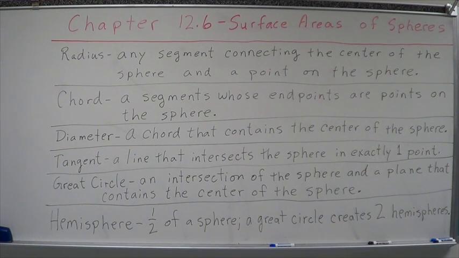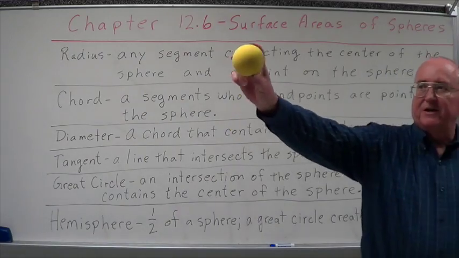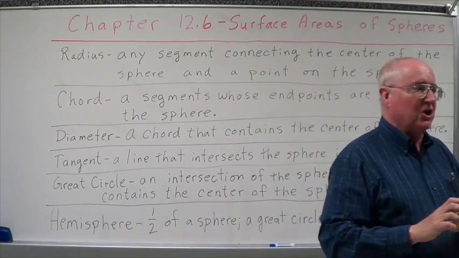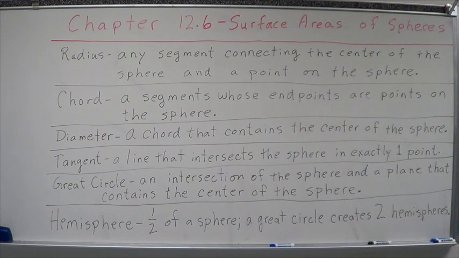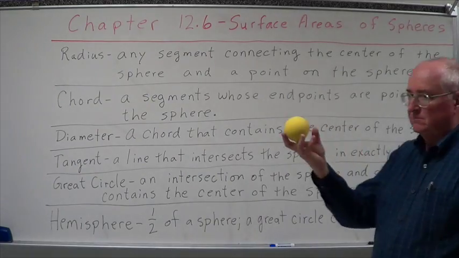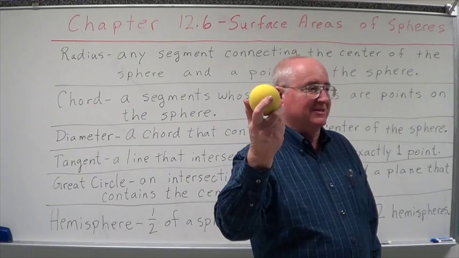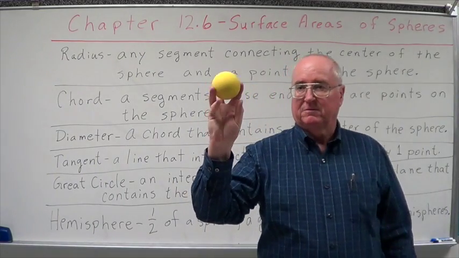The last section we have on surface area is surface areas of spheres. So what's a sphere? Well, this is what it looks like, a ball. It is actually the locus of points contained in a three-dimensional universe that are equidistant from one point.